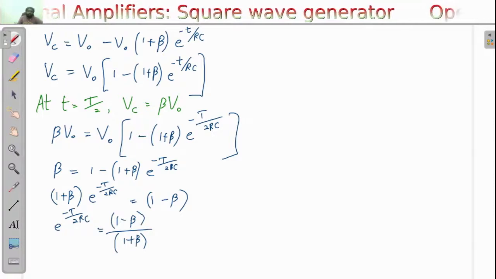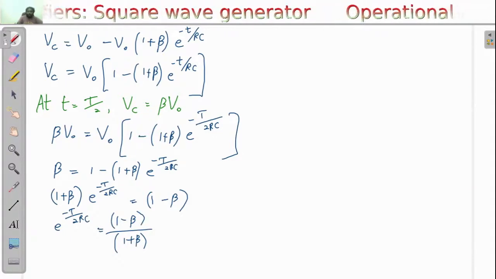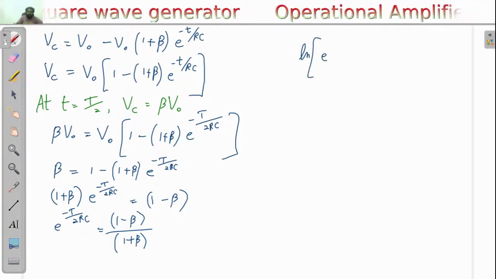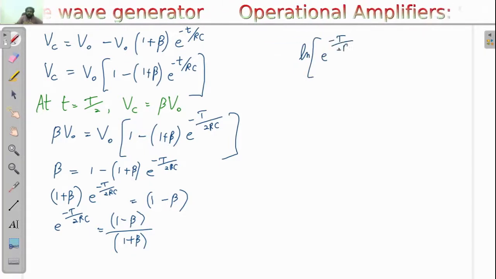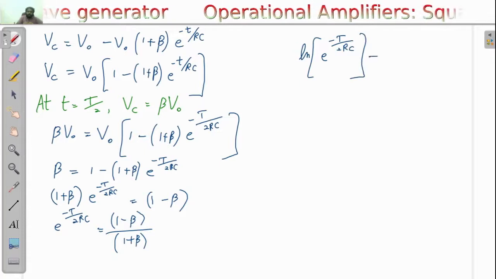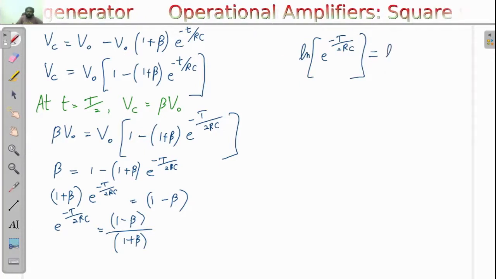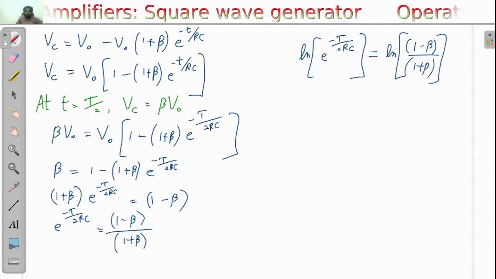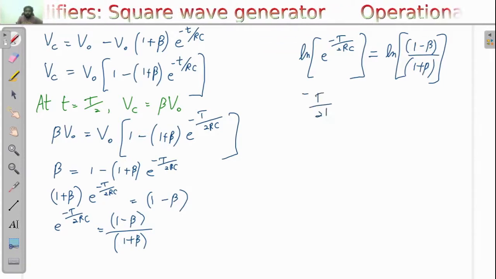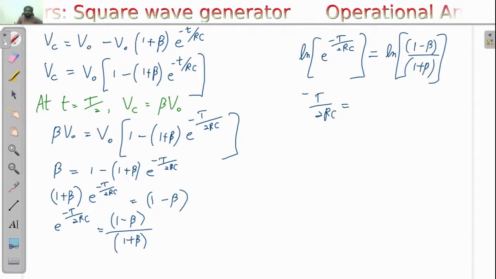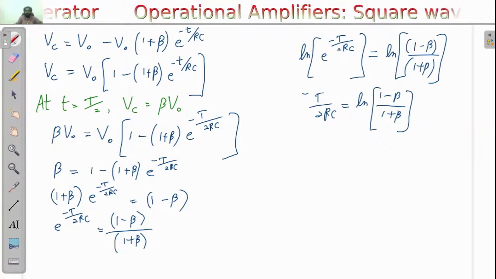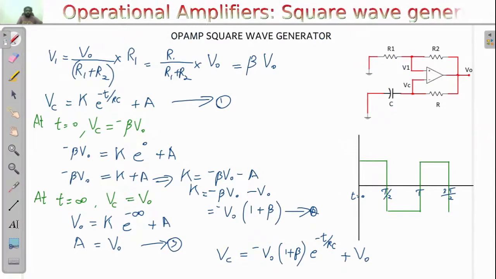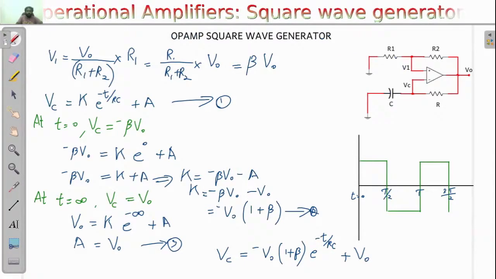Taking logarithms on both sides, the log and e will cancel and you get minus T by 2RC equal to the log of that ratio. Now you can substitute for beta, that is, beta is equal to R1 by R1 plus R2.